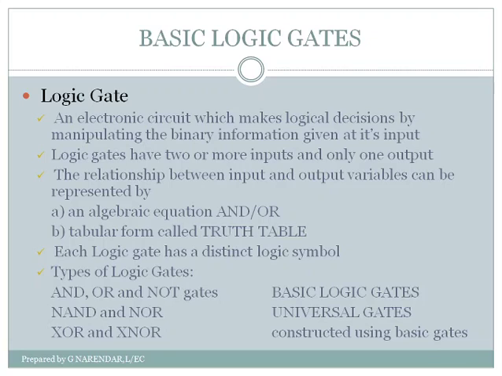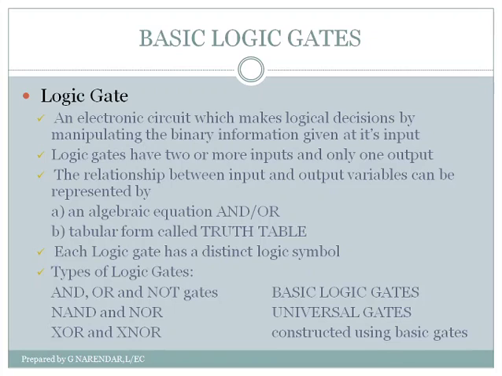So then how to represent this relationship between input and output? One way of representing the relationship between input and output variables of the logic gate is by using an algebraic equation, and the other way is by using a tabular form that is called a truth table.